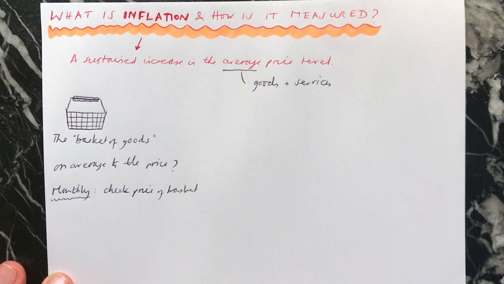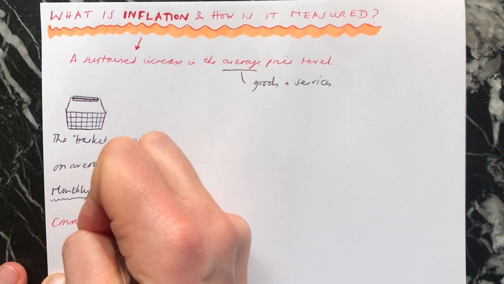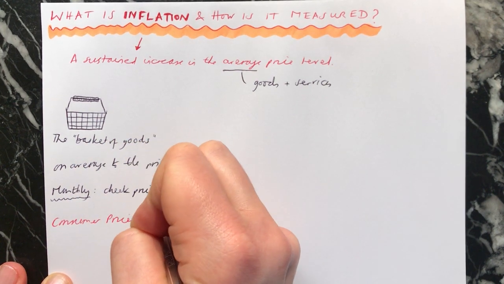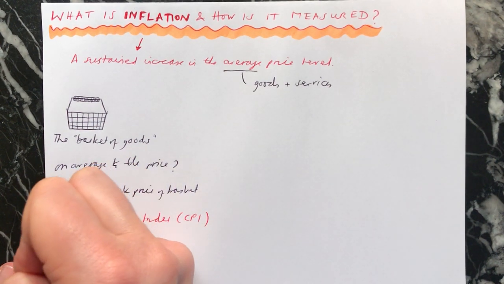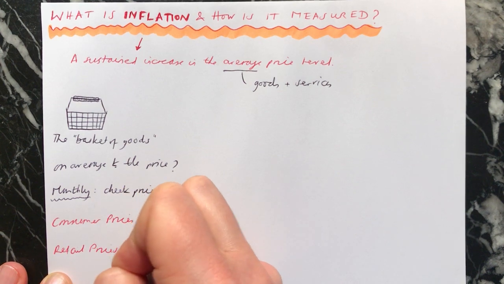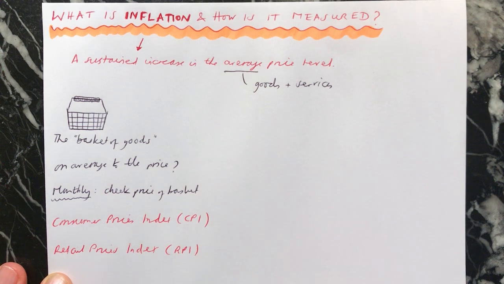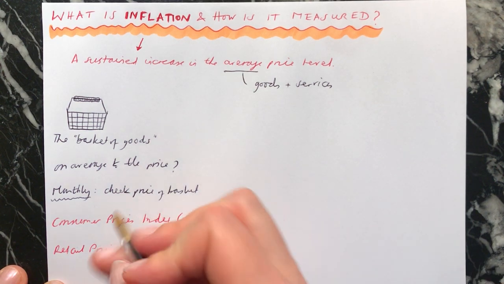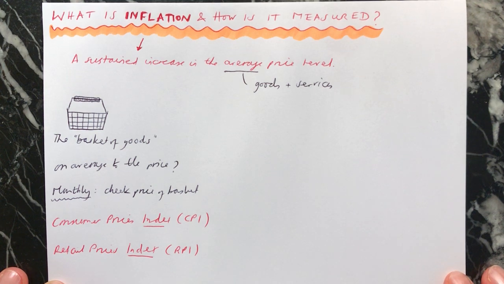And there are two ways of measuring inflation, which you will have heard of. One is the Consumer Prices Index, the CPI, and the other one is the Retail Prices Index, the RPI. And both of these, as you can see, they're measuring inflation in an index, which we're going to learn about more later on and how you calculate an index.